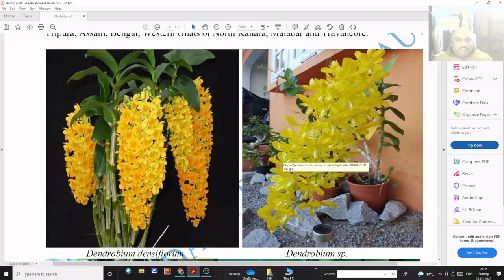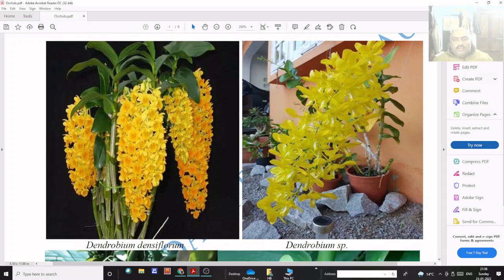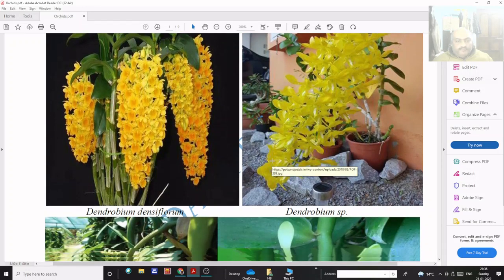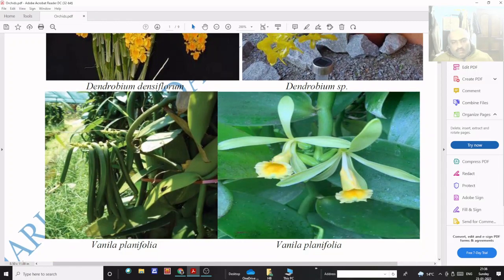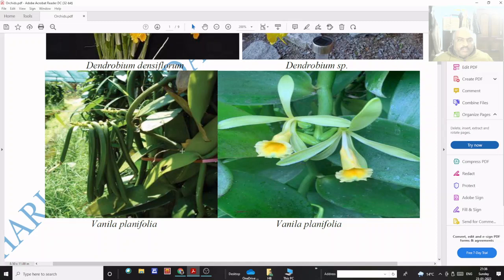The image in front of you belongs to the important genus Dendrobium. Now the image before you is Vanilla planifolia. The right image is a flower of Vanilla planifolia, and the left one is its fruit, which is botanically called a bean.